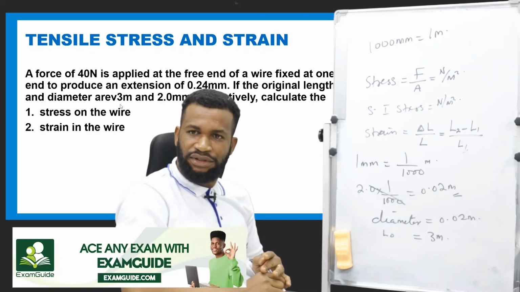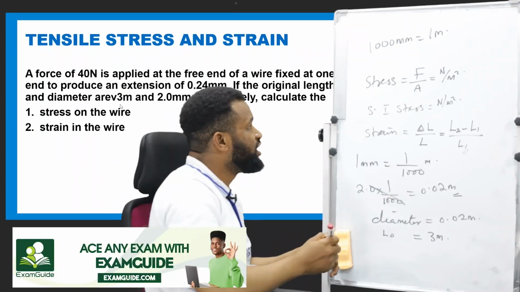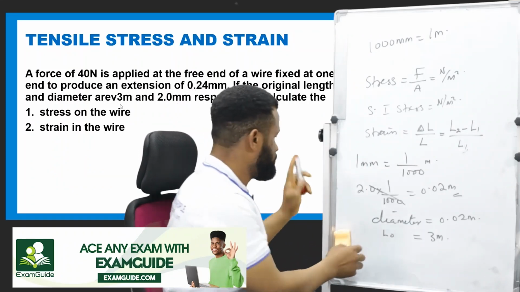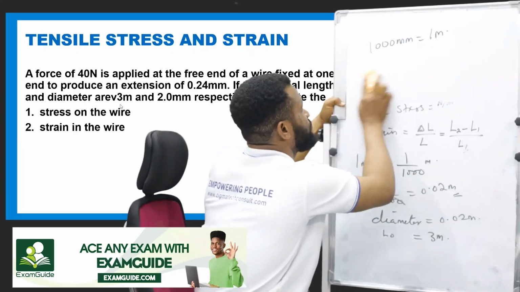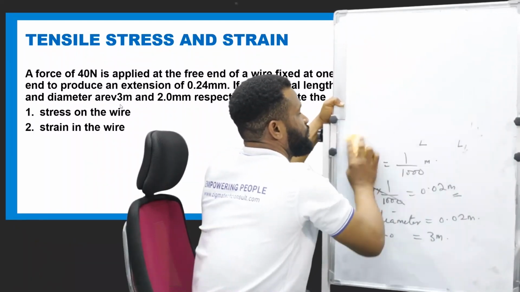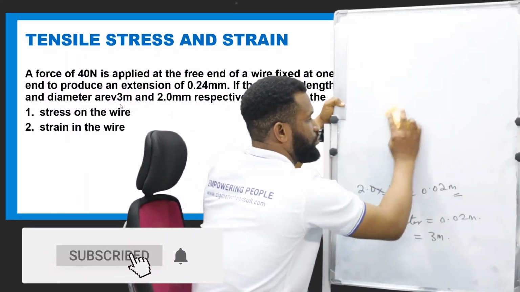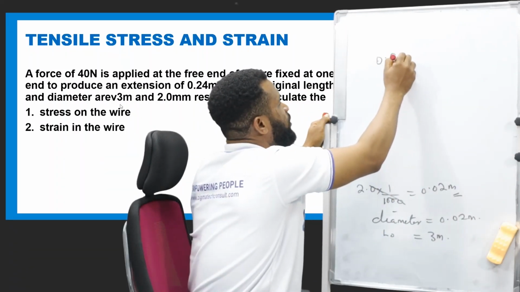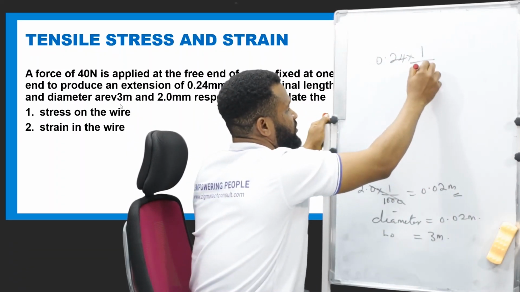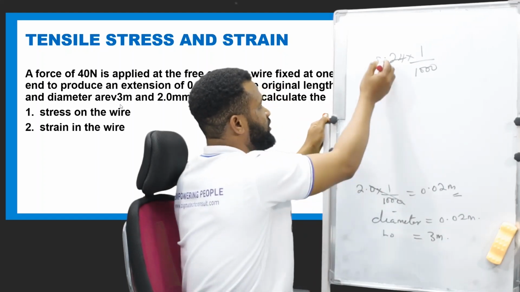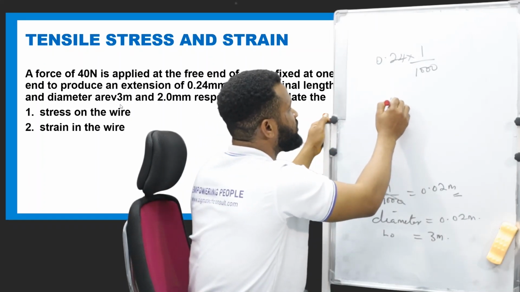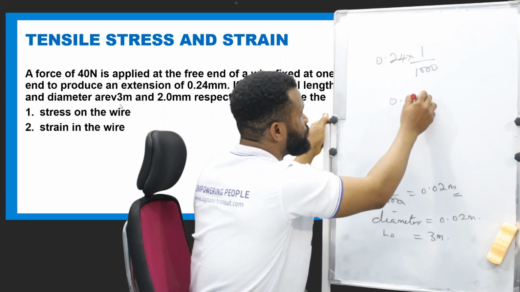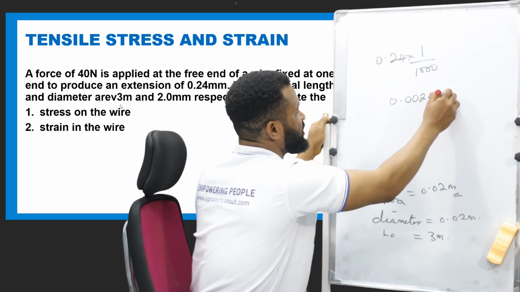Now, we also have an extension, E. Extension was given as 0.24 millimeter, so 0.24 times 1 over 1000. So we now have 0.0024 meters.